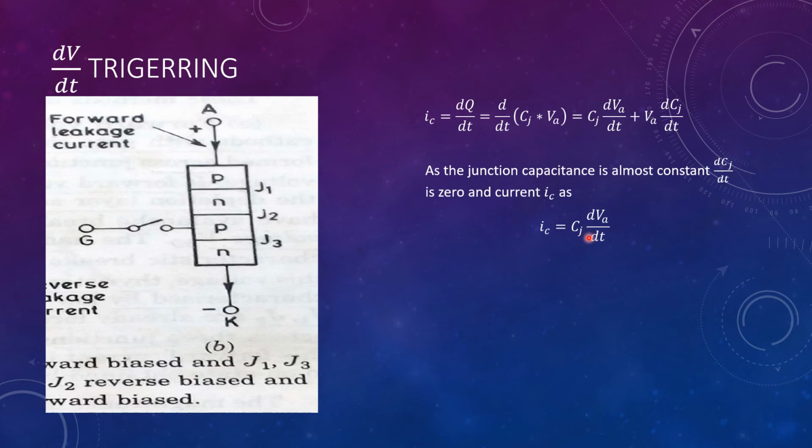When the value of dVa by dt is very large, the charging current is very large. This charging current will act like gate current and it can turn on the SCR. This happens when we apply a step voltage. When we apply a step voltage, at time t equal to 0, the voltage varies from 0 to V volt.